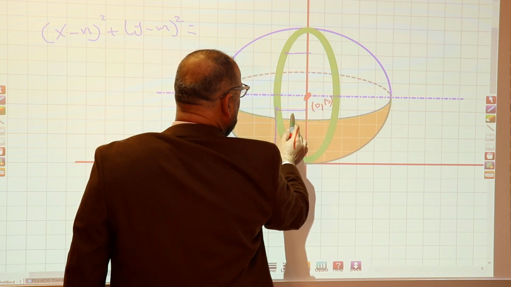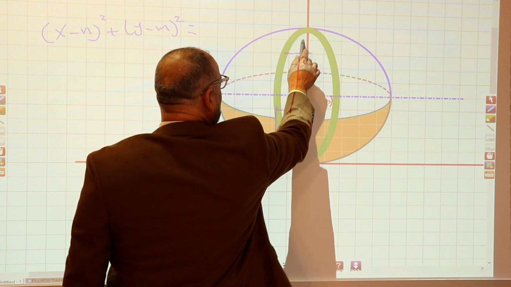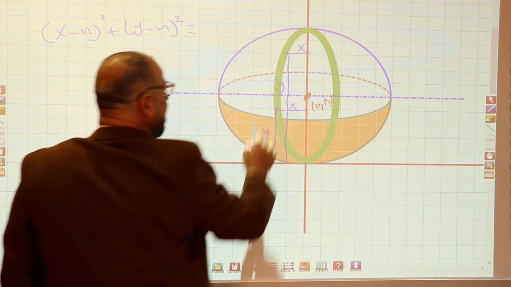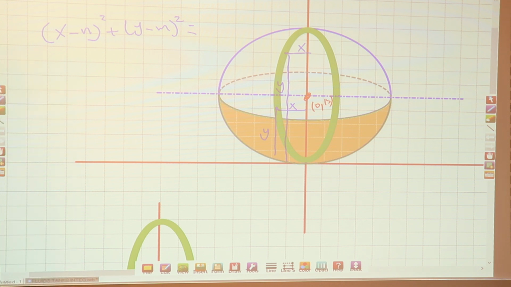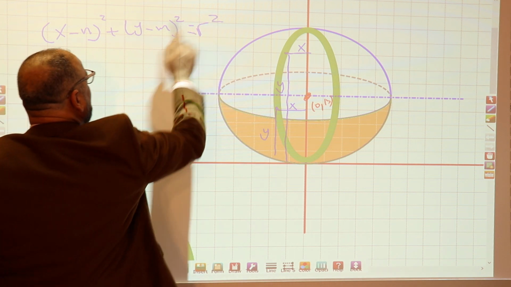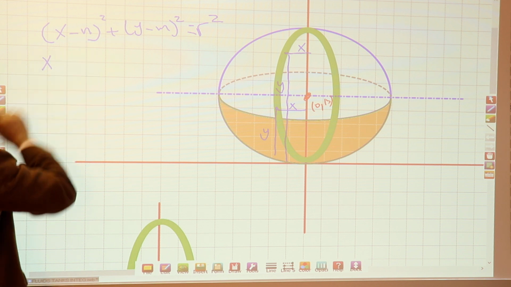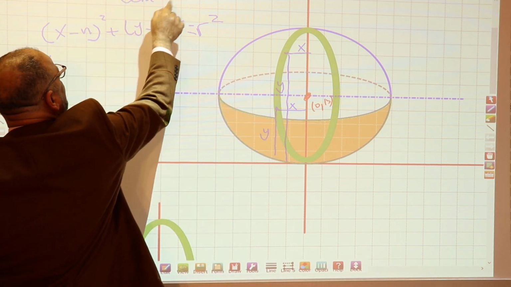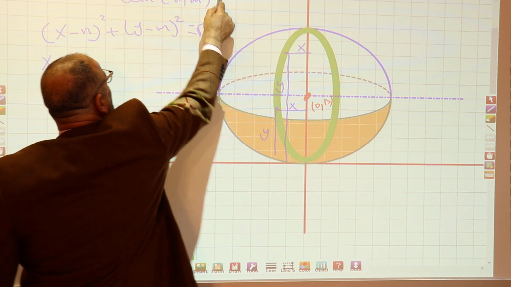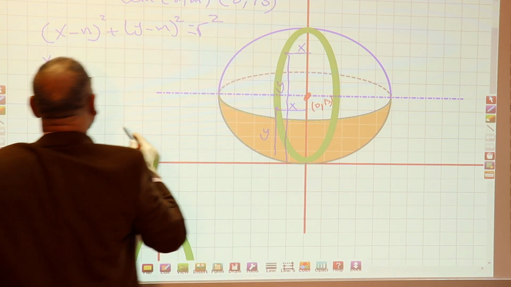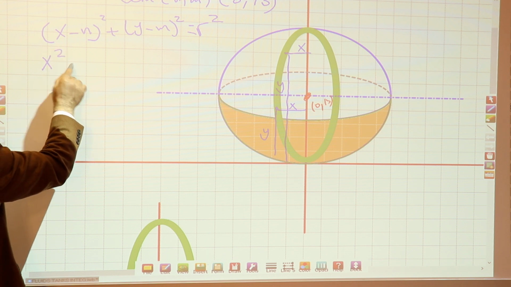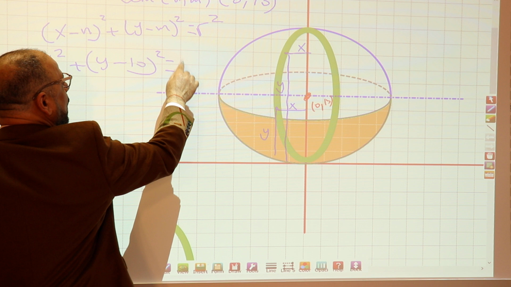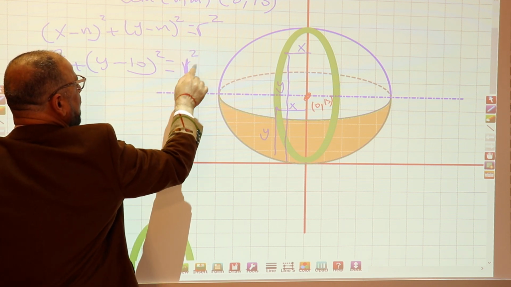You can take any point and you will see this is x and this is y. And this cross section equals r squared. This is the equation you have to remember. Now x minus 0. What's my center? n and m, which in my case are 0 and 10. x minus 0 squared plus y minus 10 squared equals the radius squared, which is 10 squared, which is 100.